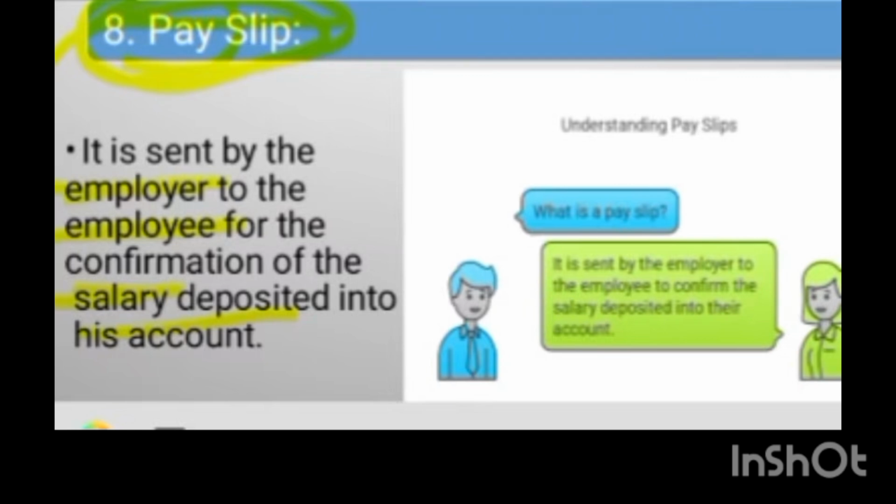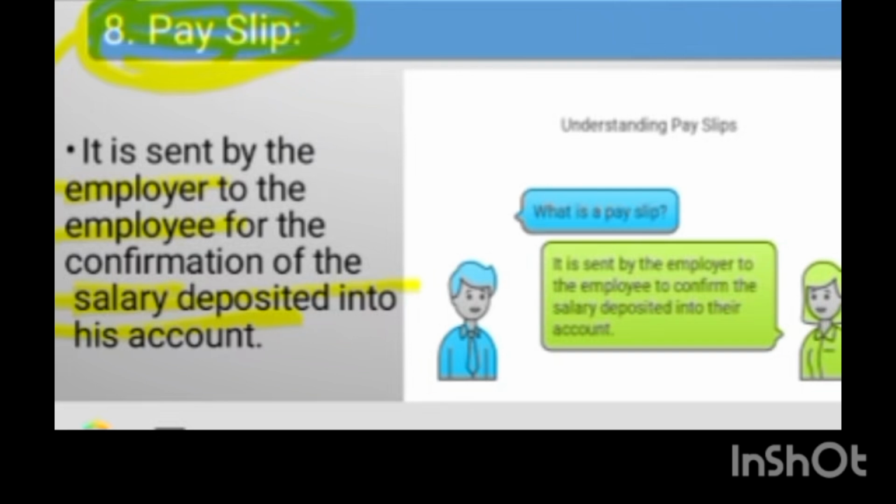Over there it will be mentioned that this much salary is issued to this person of this month. Now he can collect his salary from the bank. This is the confirmation that his salary has been deposited into his account. He can take it from the bank by showing this pay slip, right?